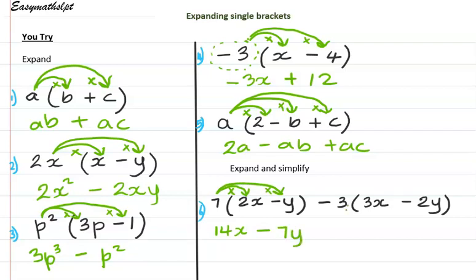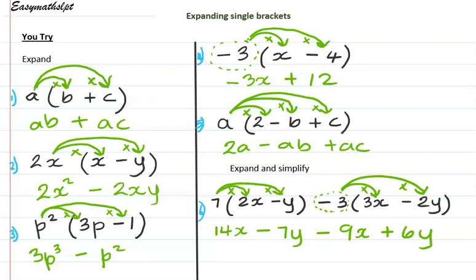And then, as usual, I like to use a little bubble to remind myself that this is a negative term. So negative 3 times 3x gives me negative 9x, and negative 3 times negative 2y. So a negative times a negative is a positive, and 3 times 2y is 6y.